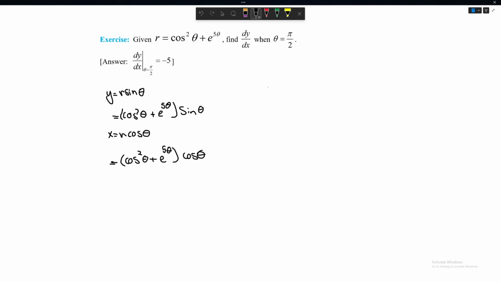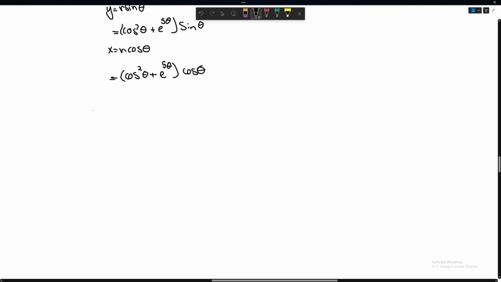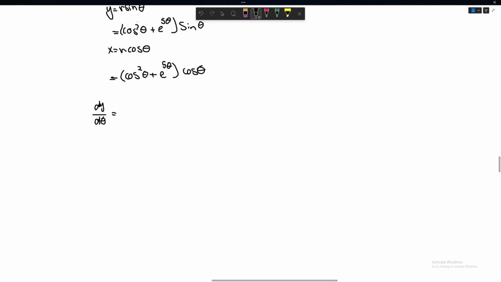Now we want to find our dy over dx. In order to find our dy over dx, we need our dy over d theta first. So let's derive this. We have cos squared. First we have to get the derivative of the inside, so this is the product rule. The derivative of cos squared would be 2 cos theta to the power of 2 minus 1, times the derivative of the inside, which is negative sine.